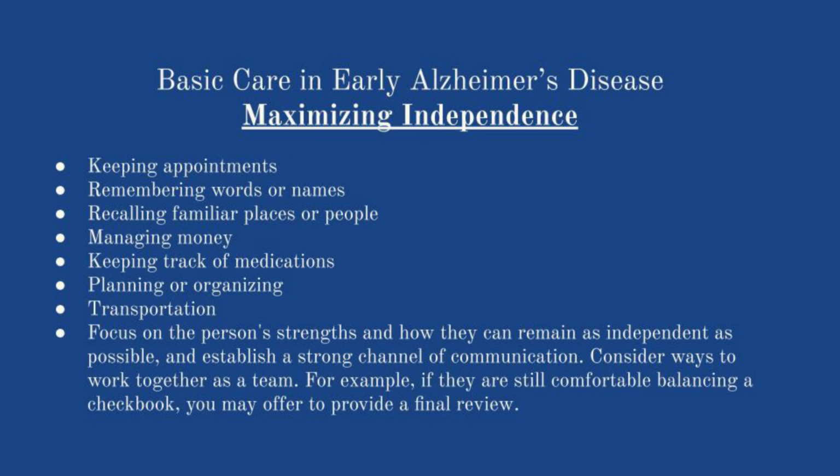And again, always focus on the person's strengths and how they can remain as independent as possible and establish a strong channel of communication. Consider ways to work together as a team. For example, if they are comfortable balancing a checkbook, you may offer to provide a final review.